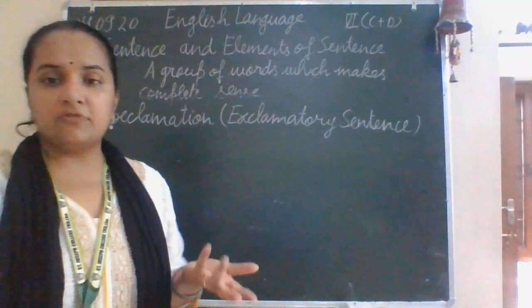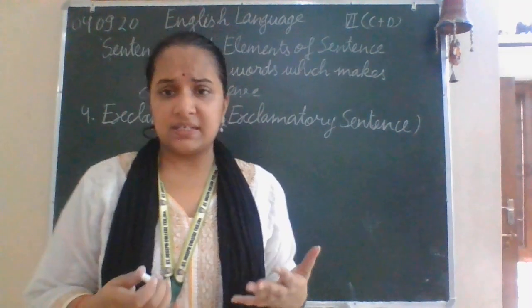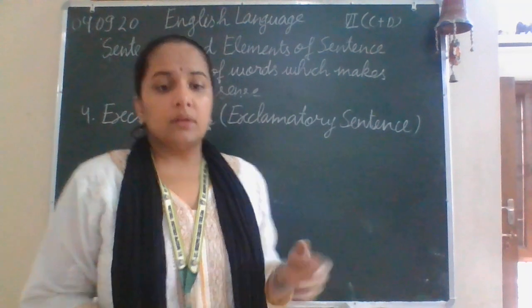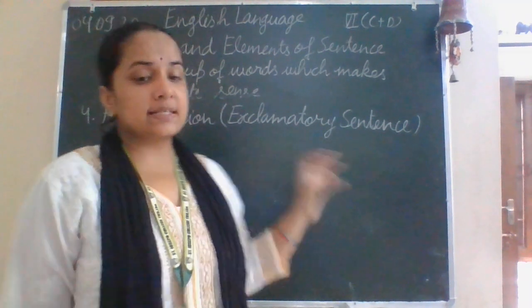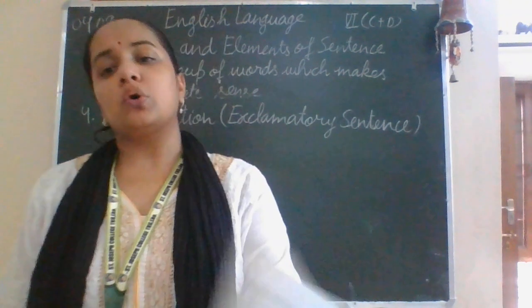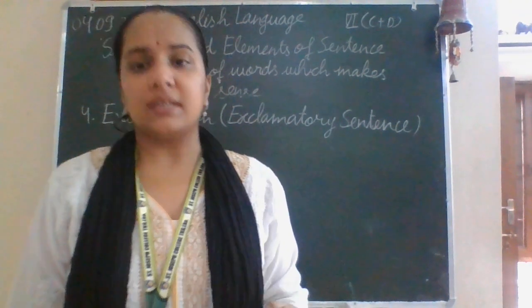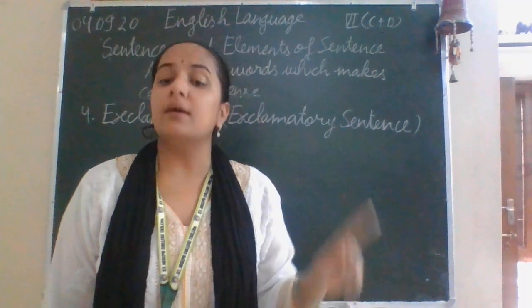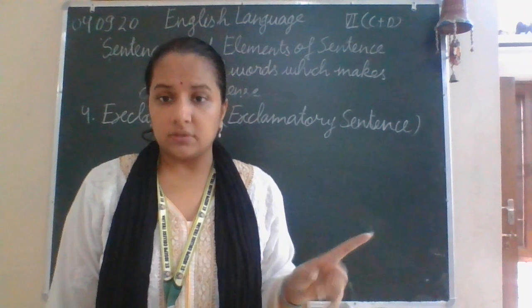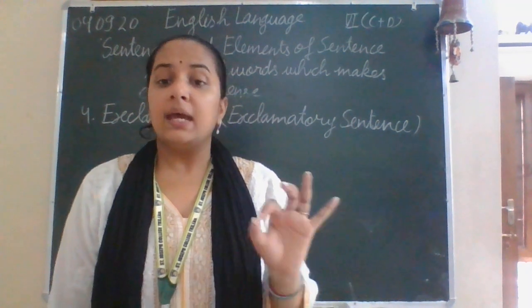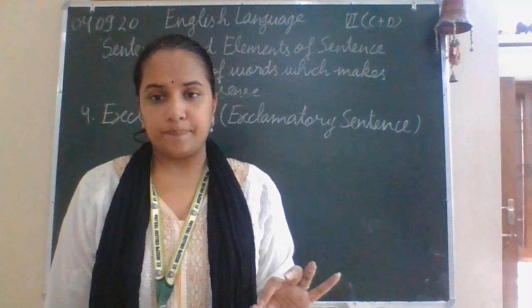What is an exclamatory sentence? Whenever we are expressing some feeling or expression, then it is an exclamatory sentence. And an exclamatory sentence will always start with a capital letter and will always end with the exclamation mark.